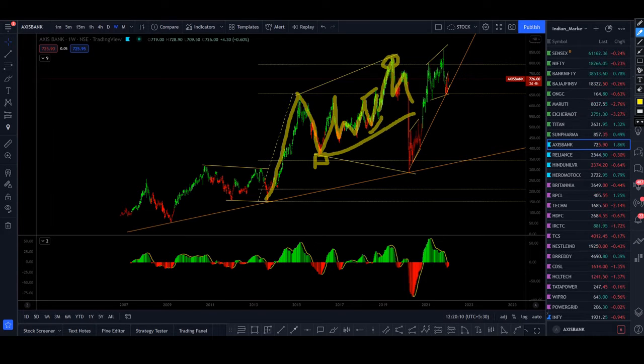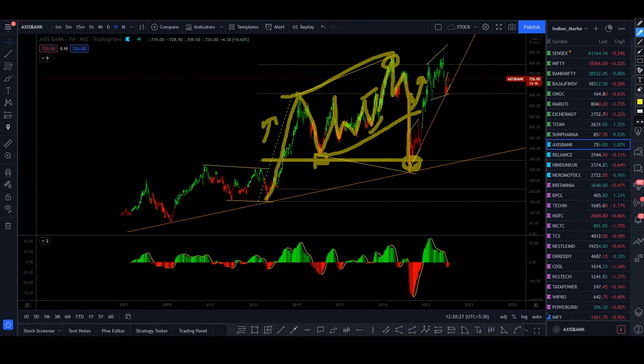It could have stayed here and gone up, that's a possibility, but it has done a longer impulse down which has actually reached its retracement range for this Fibonacci.